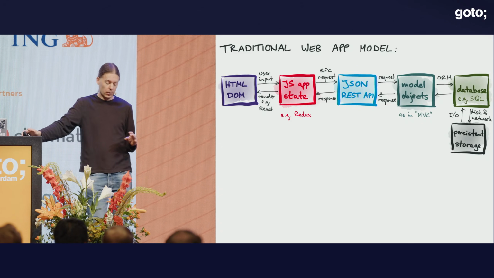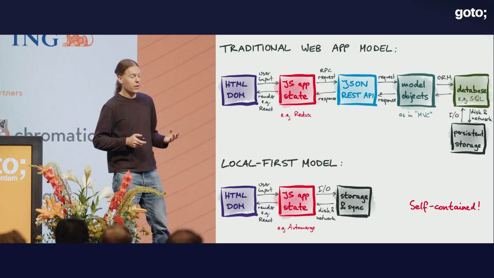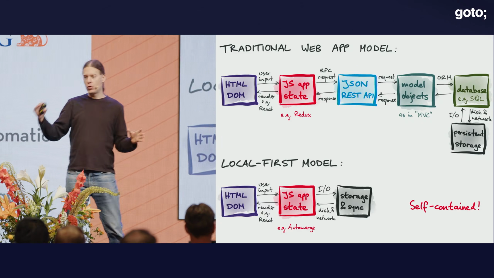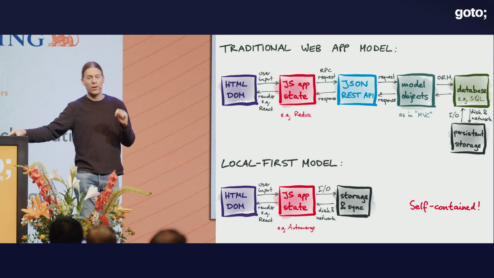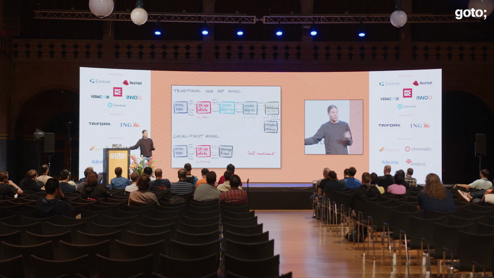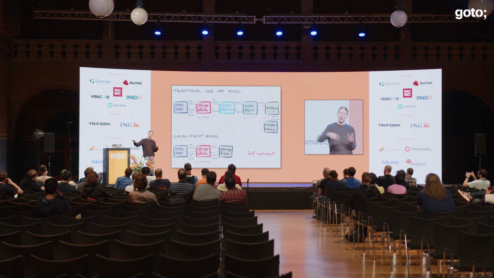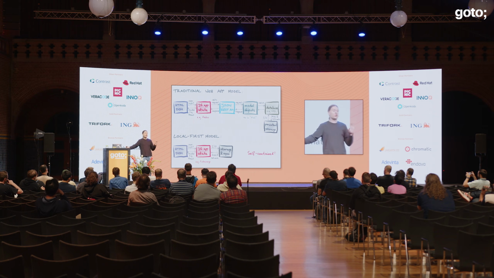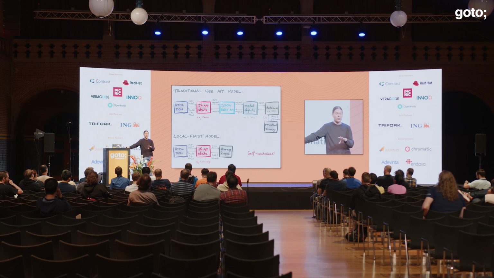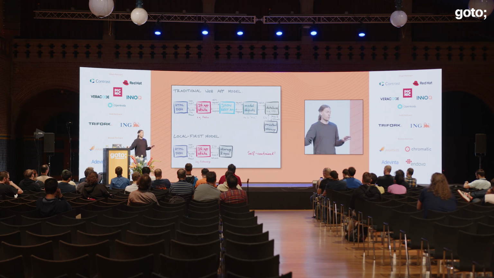Those are things you would have to implement yourself. With the local first model, one of the things that's really exciting there is that we can just massively reduce the number of layers that you have to write yourself. Because this data synchronization and storage layer that I talked about, so writing some data to local storage on the client and then syncing it with the server in the background, all of that storage and synchronization is generic code which you can just use an existing open source implementation, and you don't have to implement that stuff yourself.